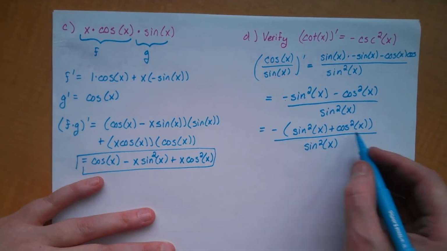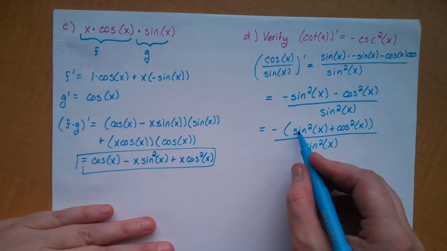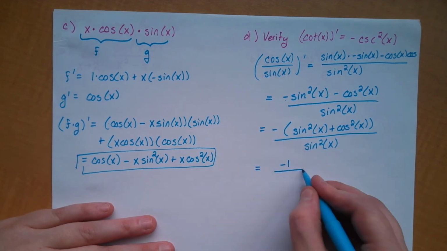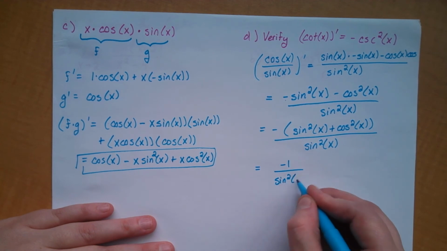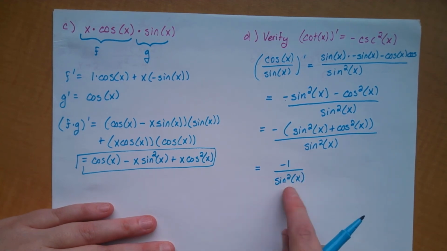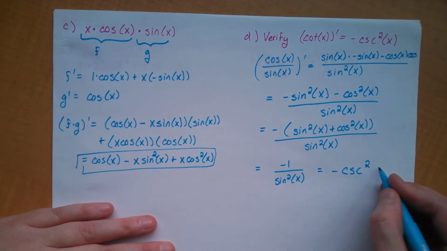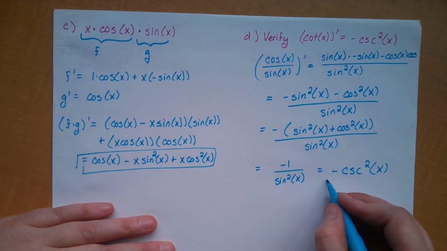And what happens is that this top portion is going to become 1 by the Pythagorean theorem. So it'll be negative 1 over sine squared x. And remember, 1 over sine is cosecant, so I can rewrite this as a negative cosecant squared x. Should be my solution.